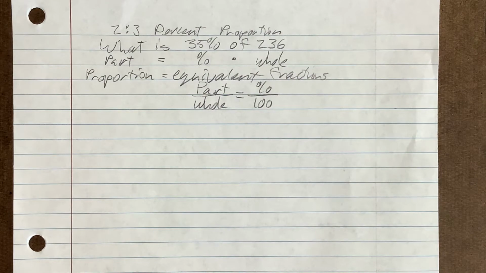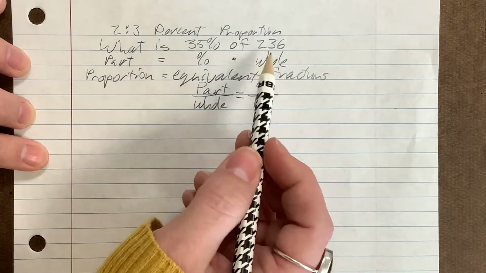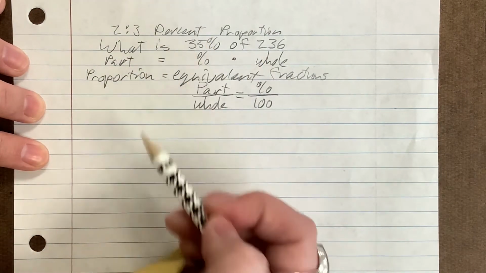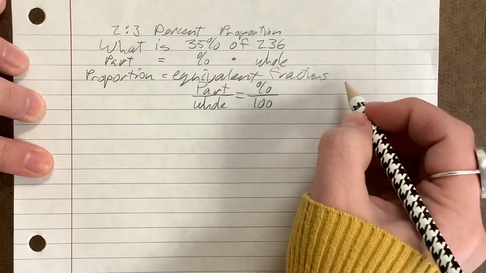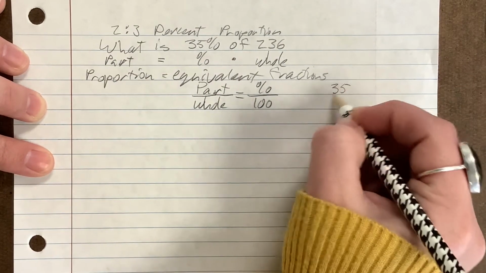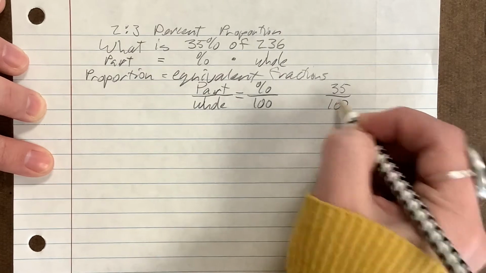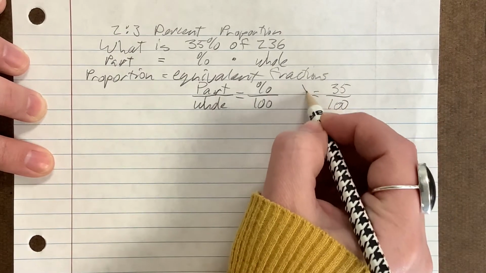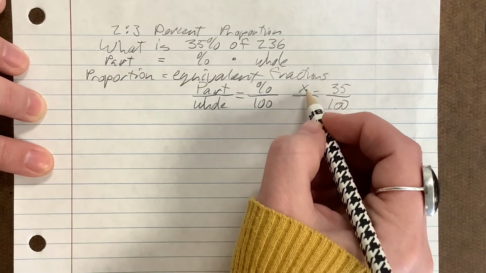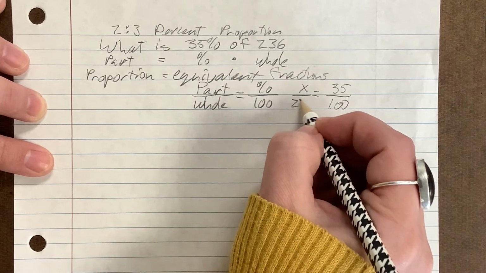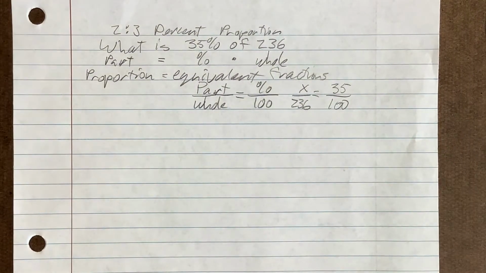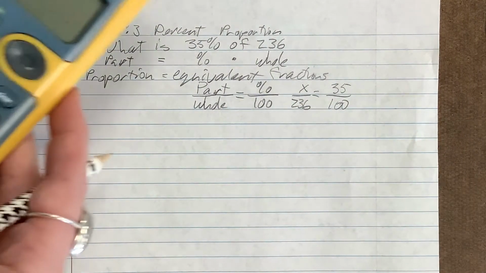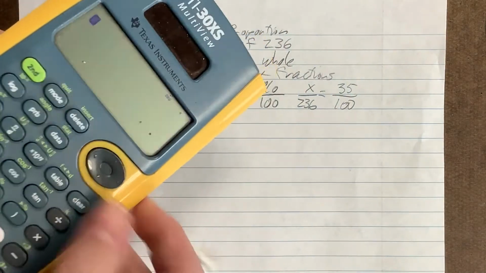So in the example above here, we have the percent, and so we would say 35 over 100 equals what over 236, okay?